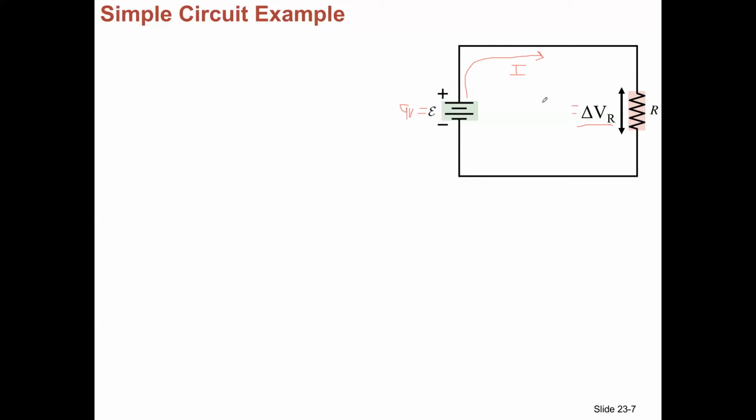Therefore, the voltage lost over the resistor is minus 9 volts. We're going to ignore the fact that even these copper wires have a little bit of resistance. The only things that have resistance in circuits are things that look like this.